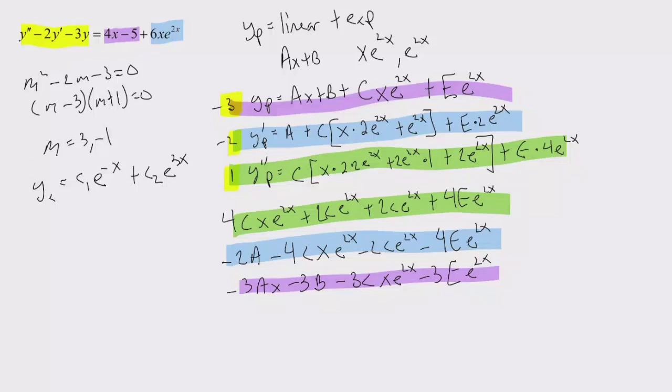So I'm looking for anything that has an x associated with it. So I see there is an x right here, and then that is it. Okay, so that tells me that negative 3a has to equal the 4 in front of the 4x. So that has to equal 4.